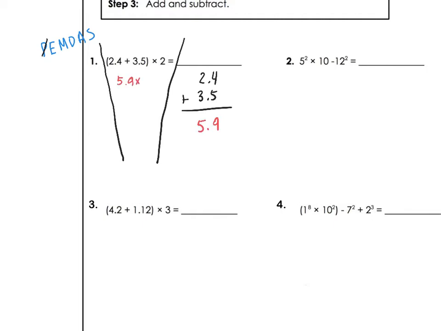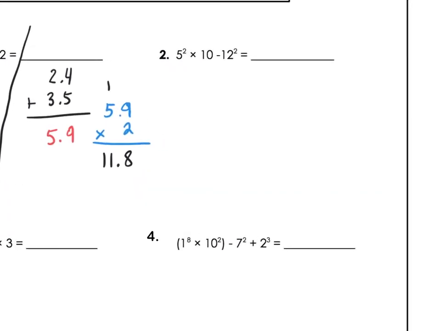So I'm going to do 5.9 times 2. Tell me what you get when you do 5.9 times 2. You should have gotten 11.8.